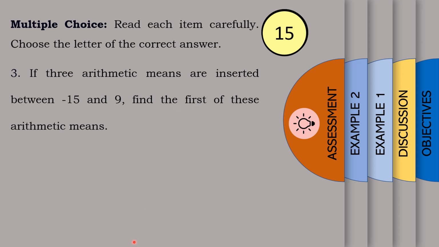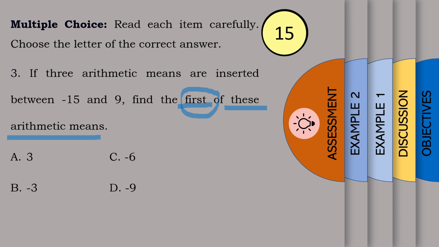Find the first of these arithmetic means, yung first arithmetic means na in-insert mo between negative 15 and 9. Is it A, 3, B, negative 3, C, negative 6, or D, negative 9?